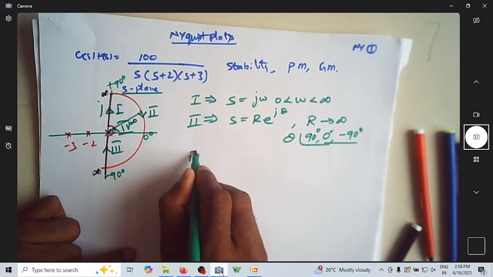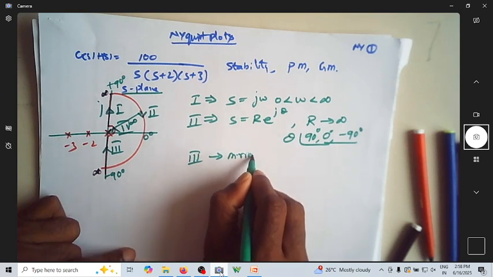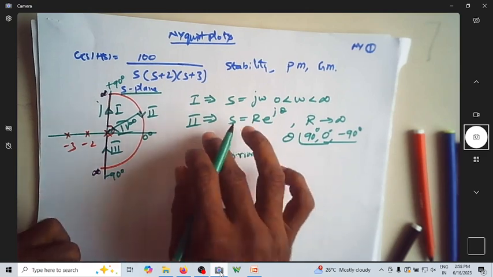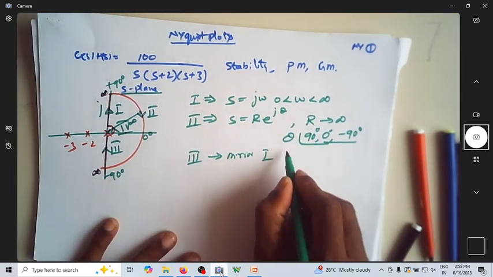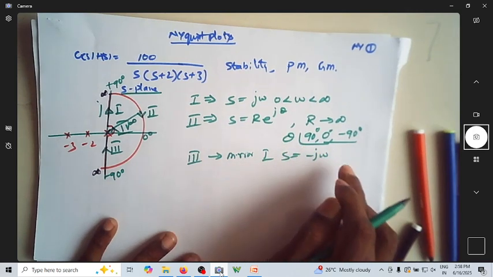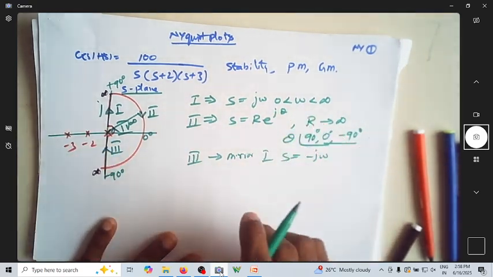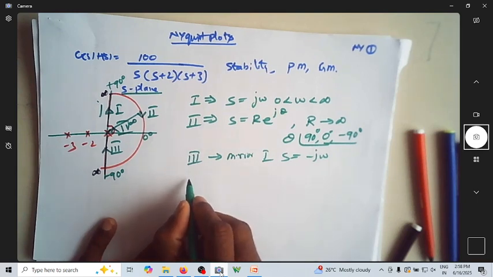The third segment is exactly the mirror image of the first segment, so we are not too worried about it. It is S equal to minus j omega, where omega ranges from infinity to 0. And how about the fourth segment?